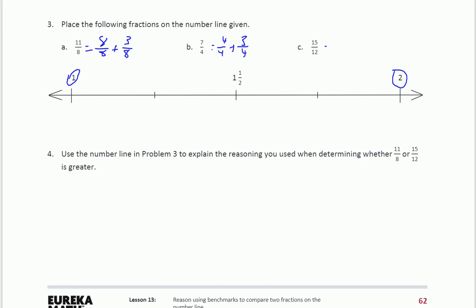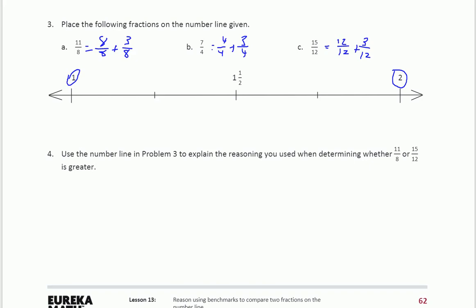And then finally, 15/12 is 12/12, which is 1 whole, plus 3/12 to get 15/12. Okay, well, where do these go on the number line? Let's look at that. The first one is 1 3/8. This has already been divided into, actually, these are fourths here.